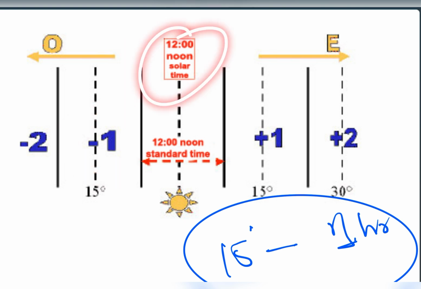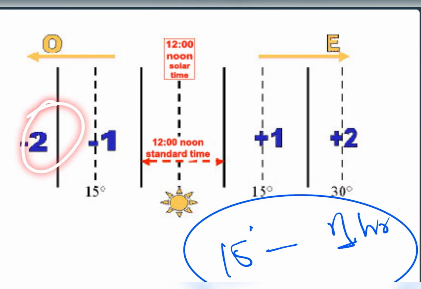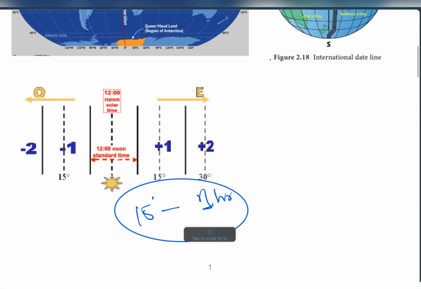If here is 12 p.m., here will be 11 a.m. And if you move 30 degree, then the time difference will be 2 hours. So what we have known here is that if you move eastward from this prime meridian, the time will increase. If you move westward from this point, the time will decrease.